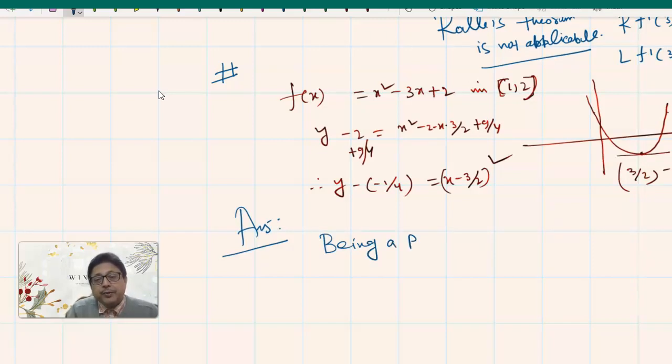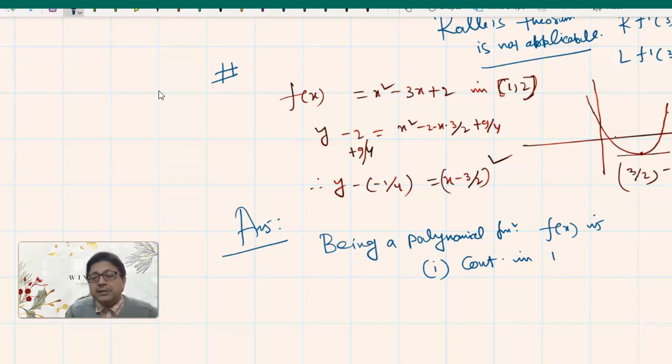Being a polynomial function, f(x) is, number 1, continuous in [1, 2]. 1 is a point somewhere like this, 2 is a point somewhere like this. It is continuous, so continuous in the closed interval.